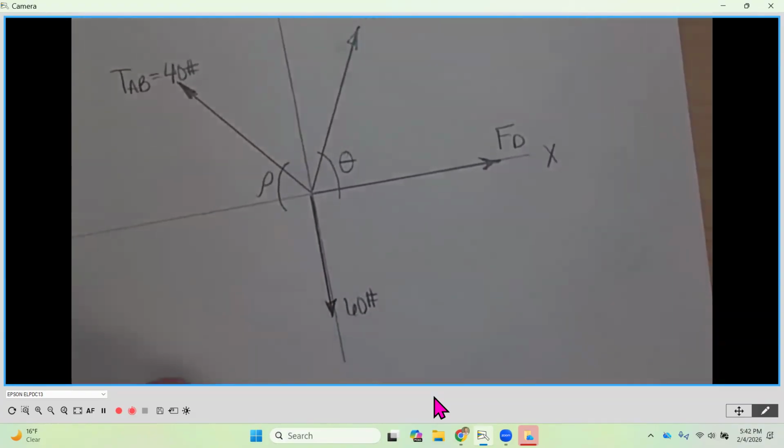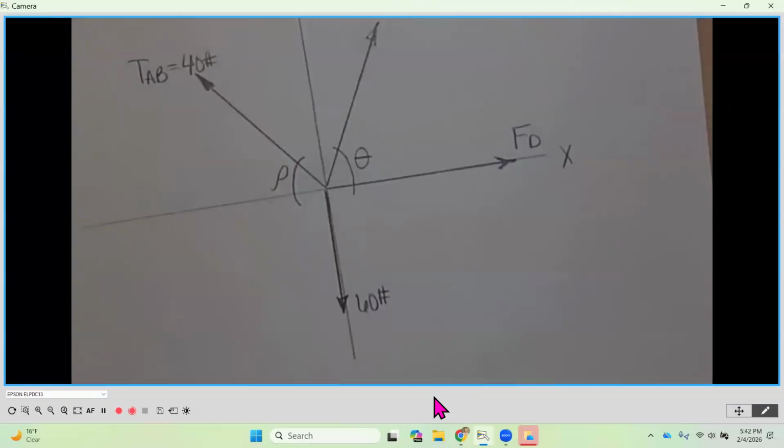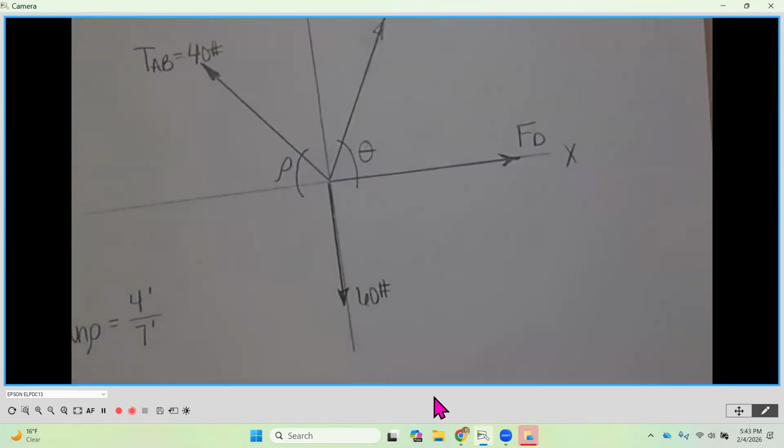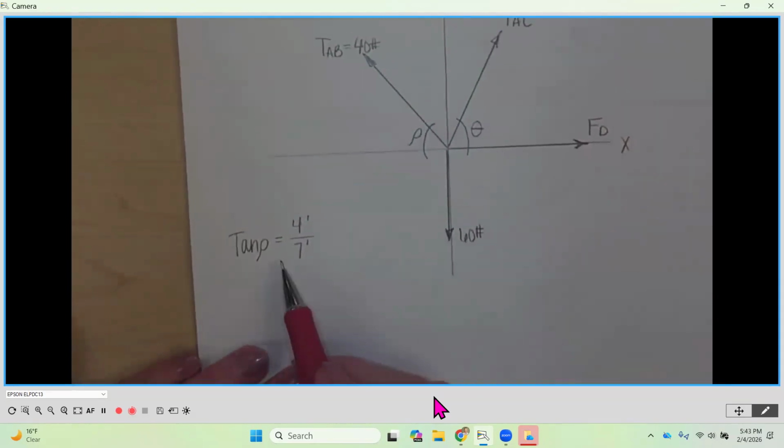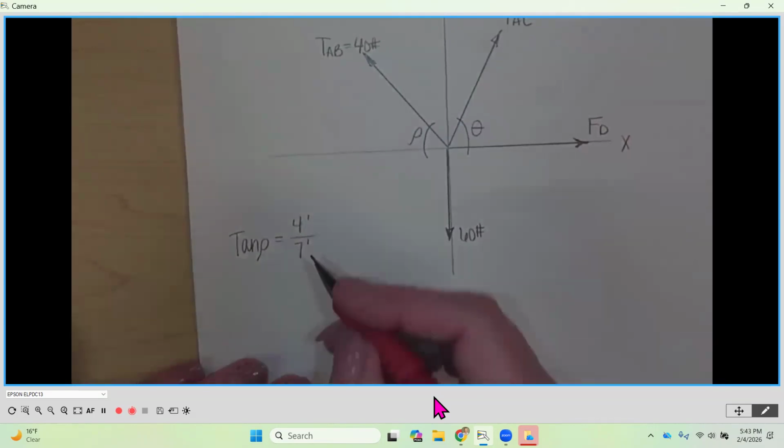So for phi, we would use the tangent of phi is going to be equal to the side opposite, which would be our 4 feet divided by, oopsie, I'm so sorry, I'm not on the screen, divided by the 7 feet, okay?